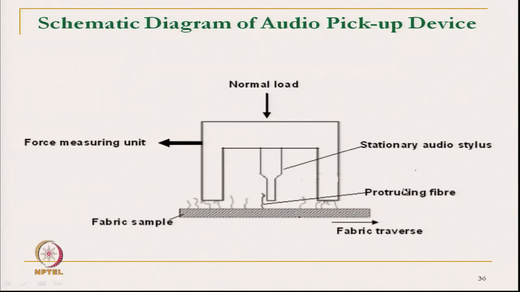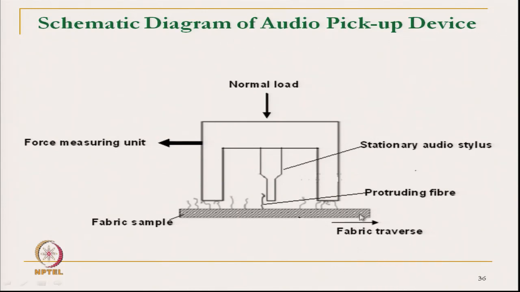Now, this is the instrument. Here this is the light block, okay. It is connected with the load cell. A normal load you are applying, and here a load cell is there, and a normal load force is applied, and these are the surfaces which are used to buckle the protruding fiber.